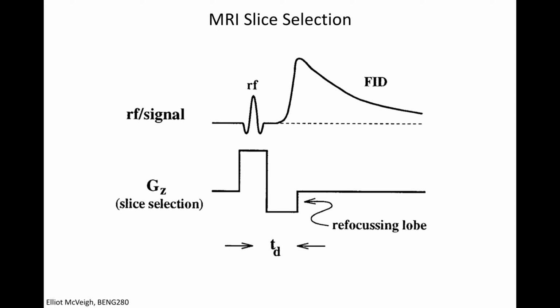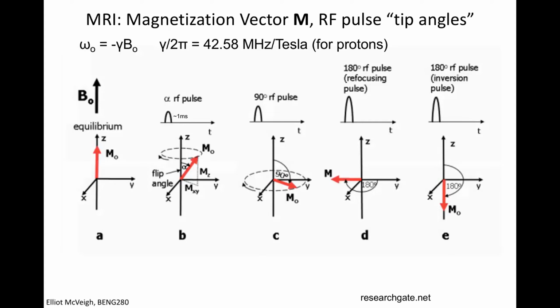As we saw with that diagram of the tip angle, the static magnetic field is B0, these are common notations. So we start at time 0 with a magnetization that is in equilibrium, doesn't change with time, it's M0.